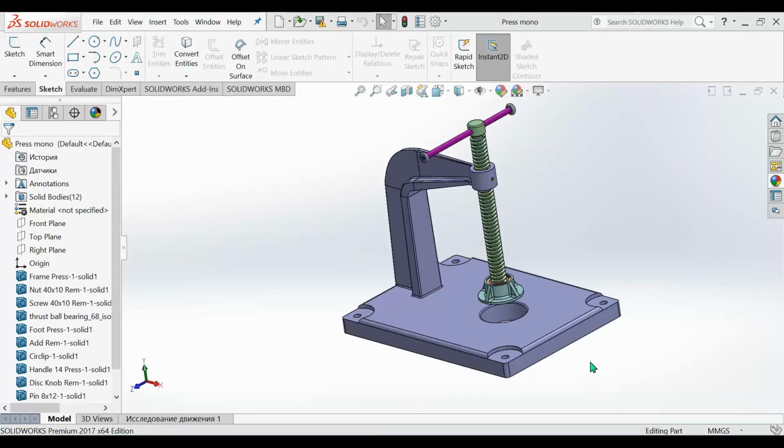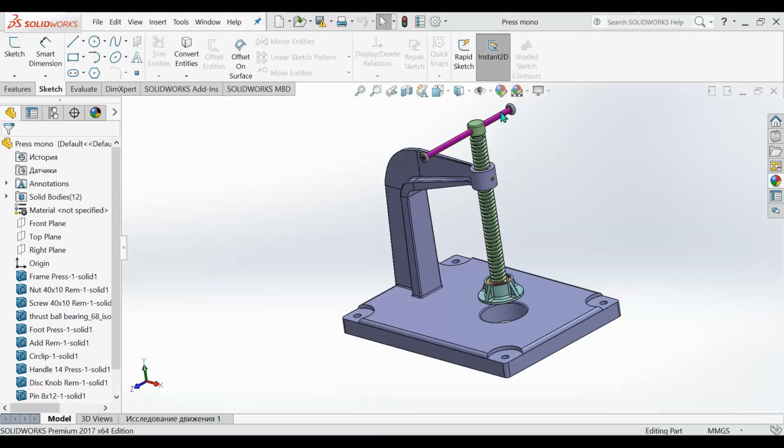And one more mechanism is a press. A press looks like a bearing remover, but the frame is much bigger and has a table with a hole to make specific bending operations, or it may be used like a bearing remover when we need to press a shaft or something else into this hole.